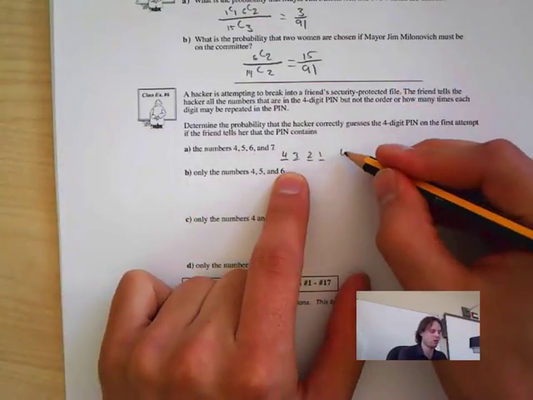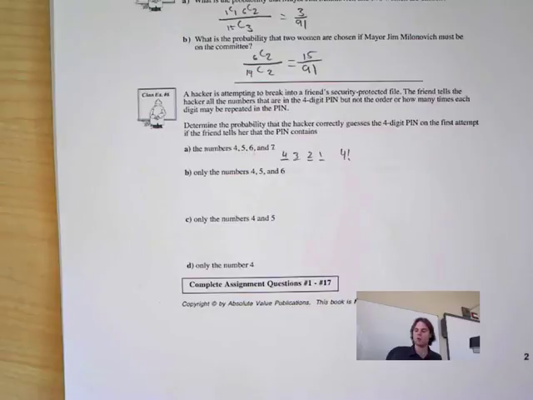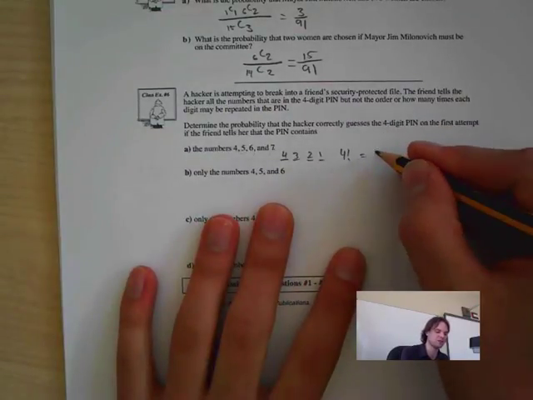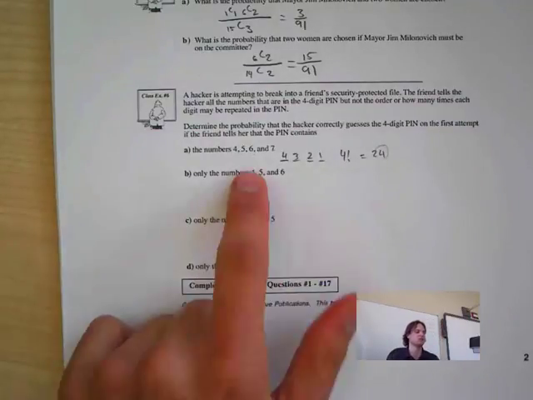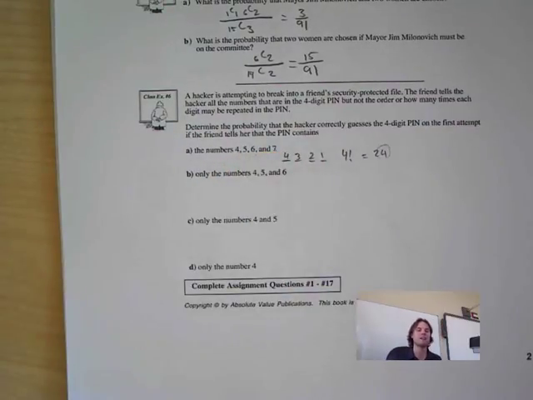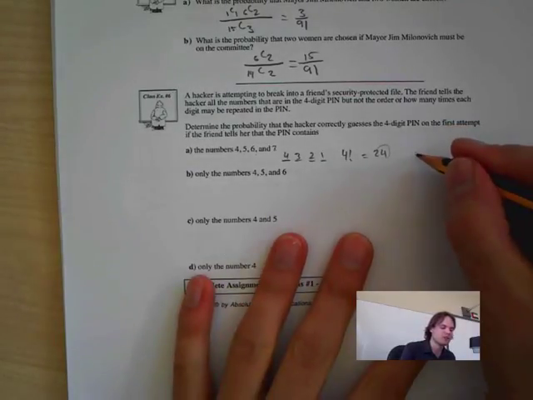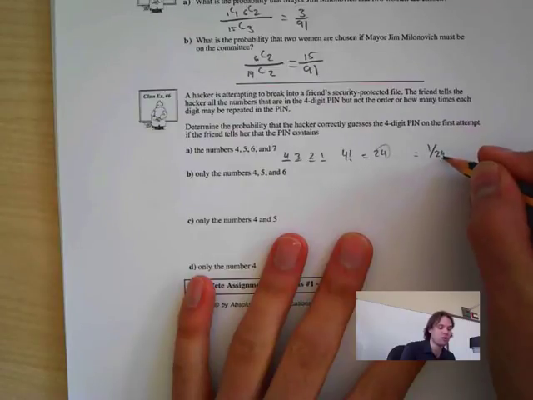That's just 4 factorial, right? Well, 4 factorial is the same as 24. Now, there are 24 different combinations of these 4 digits. Now, only one of those is right. So our answer is 1 out of 24.